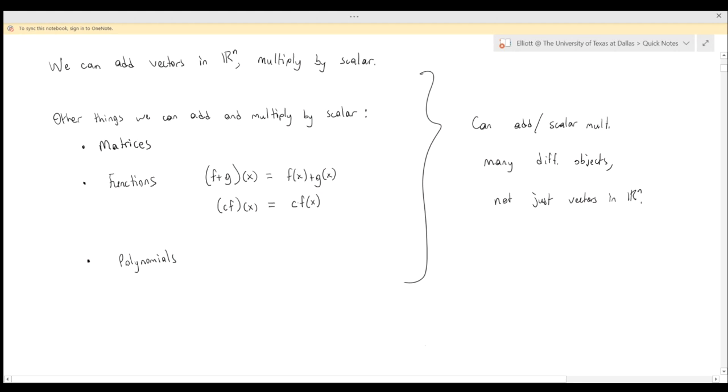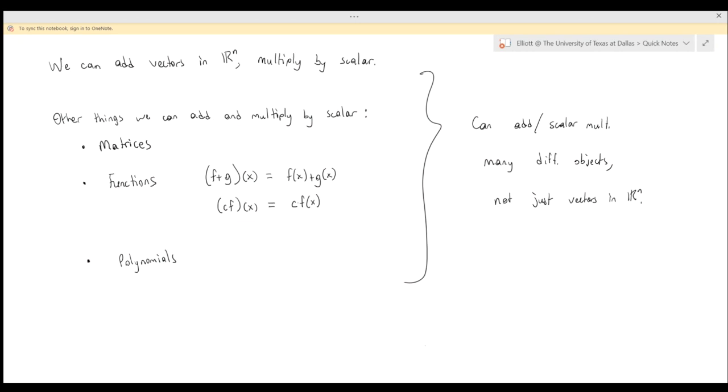So oftentimes in mathematics, when you have a general phenomenon that you see, when you have something which seems rather broad, that you can apply to many different objects of study, sometimes it helps to abstract everything into a general notion.